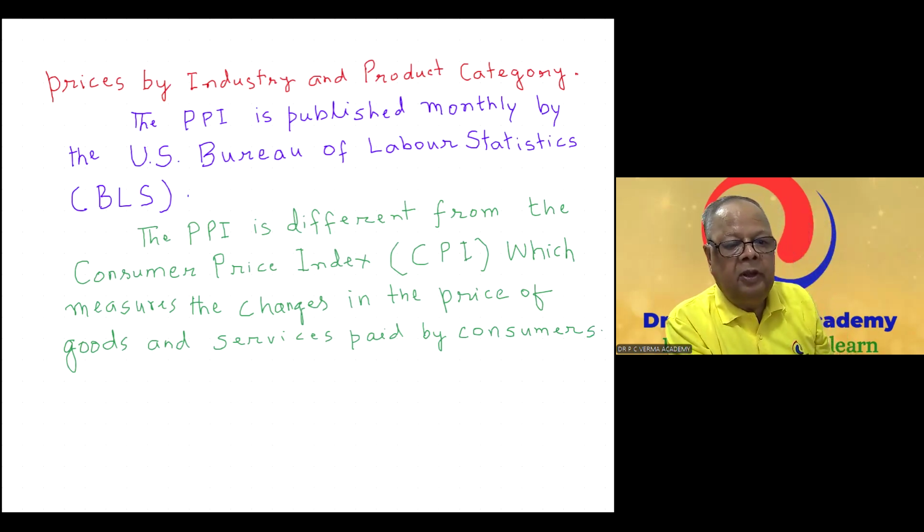The producer price index is different from the consumer price index because the consumer price index measures the changes in the price of goods and services paid by consumers.